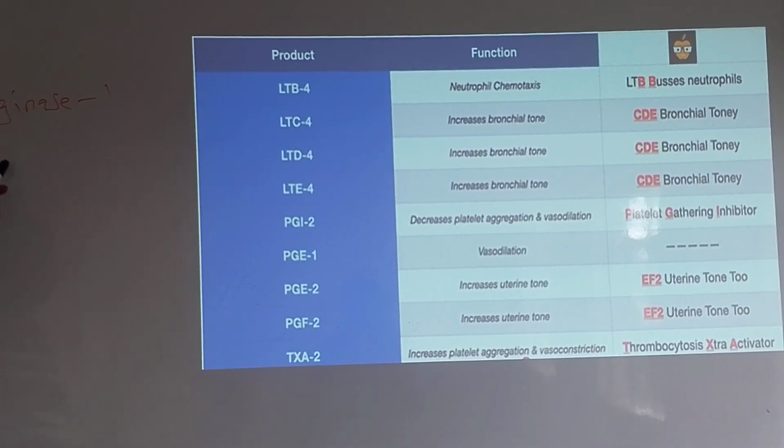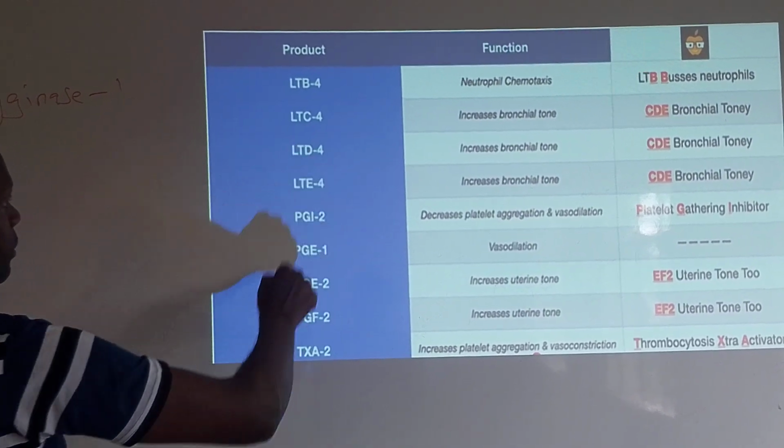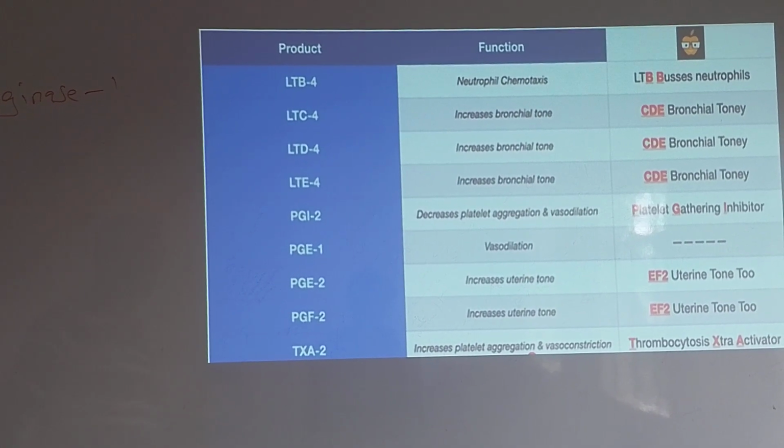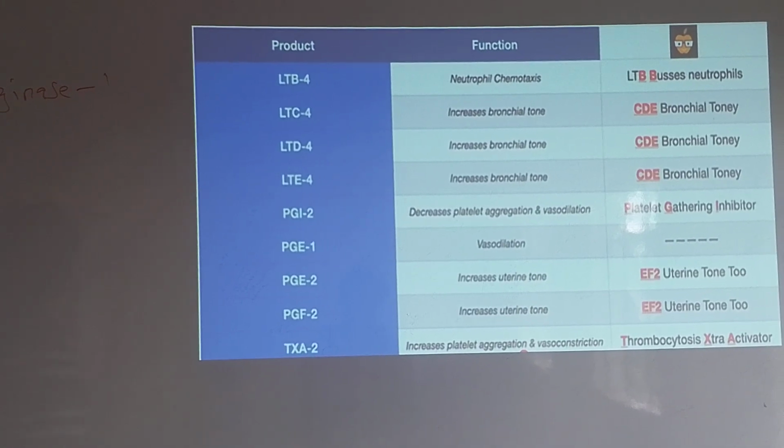That's why we give montelukast to block these three, so that patients with asthmatic condition get relief.